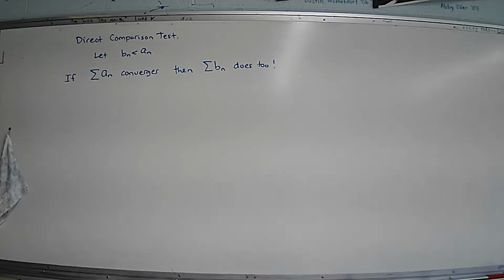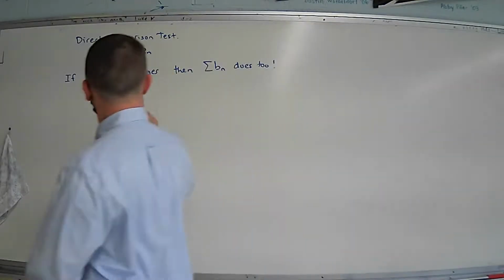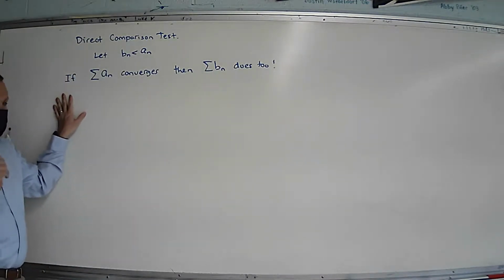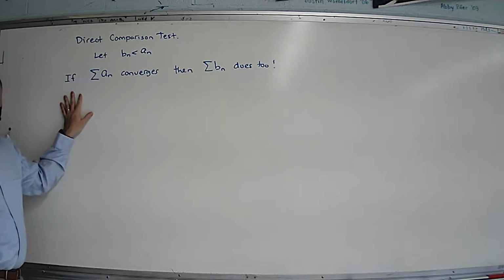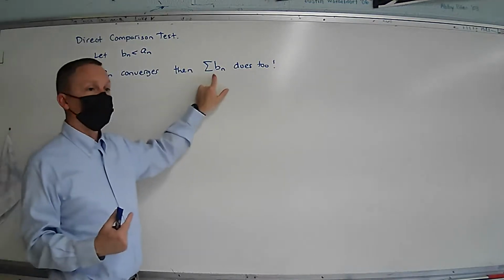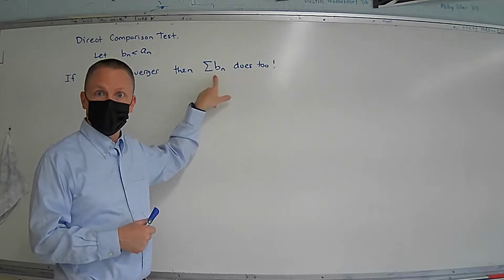So we've got two series, a known one and an unknown one. Okay? And what I'm saying here is that our unknown series is less than a known converger. That's what this is saying here. Our unknown series is less than a known converger. And the conclusion that we're going to draw from that is our unknown has to converge.